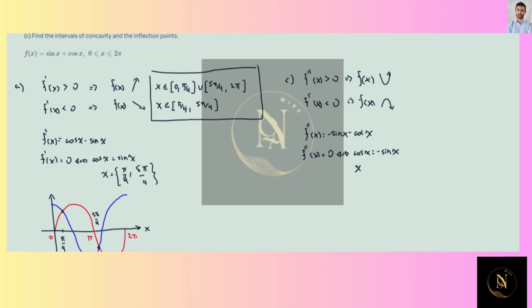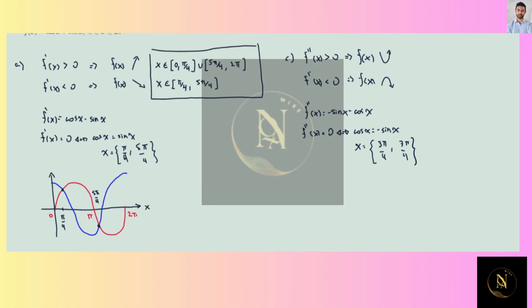And this corresponds to x equal to 3 pi over 4 and 7 pi over 4. So we have two inflection points, and we're going to use this similarly as before to determine our interval of concavity.